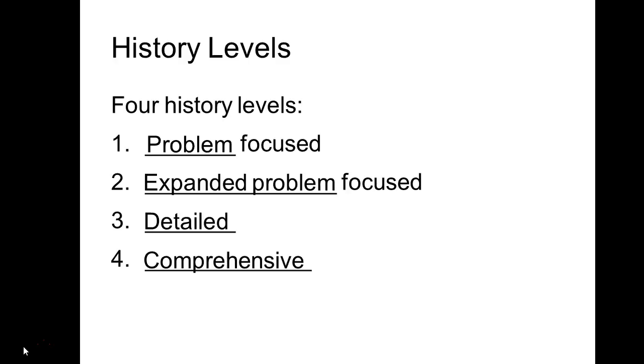Again, detailed history. So a detailed history, again, we're getting even more information about what's been going on. As we go up in complexity, we tend to also go up in the types of diagnoses that the patient has. So something problem-focused and expanded problem-focused is still something that's relatively common, easy to deal with. By the time we're getting to detailed and comprehensive, we're talking about, maybe the patient is having multiple problems that involve multiple systems.